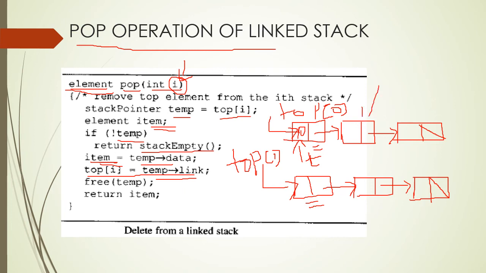Now top of 0 is pointing to this node. Then free of temp. Free of temp means the node pointed to by temp will be removed. Then after removing, you return the deleted item to the main function. From the main function, you print the deleted element. That's why the return type of this function is element.